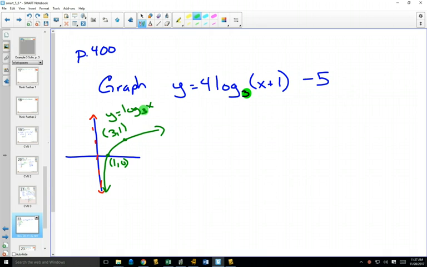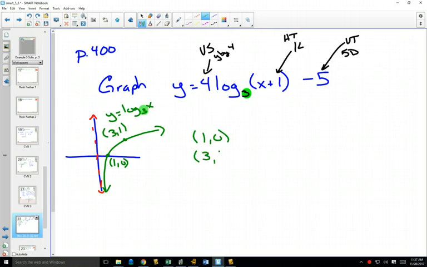If you like to label things as you go, this is going to be a vertical stretch. You're going to multiply y by 4. Here you're going to move 1 to the left. That's a horizontal translation. And here we've got a vertical translation, 5 down. So we could take our original points, 1, 0, 3, 1, and our asymptote at x equals 0.